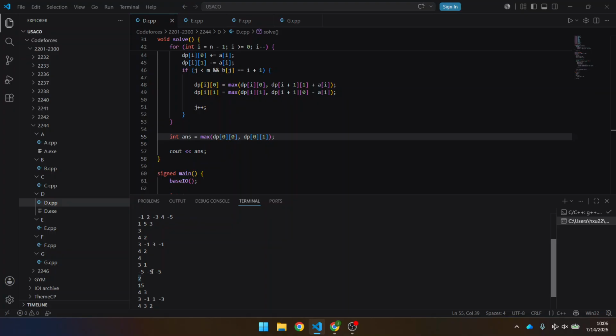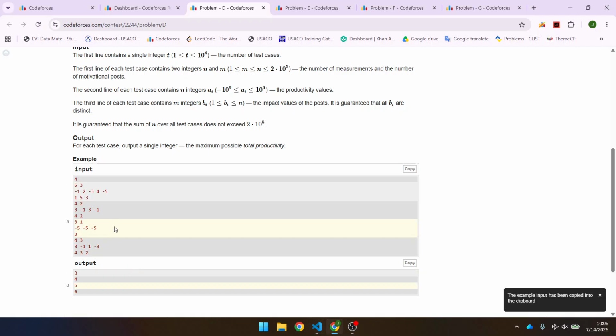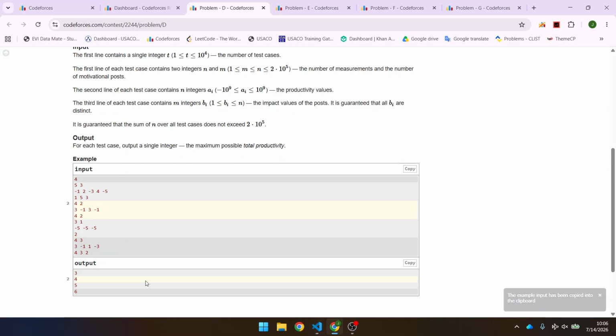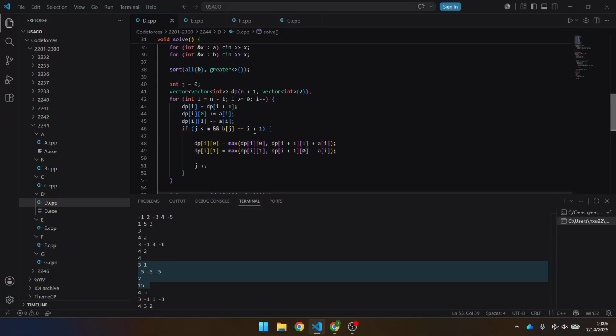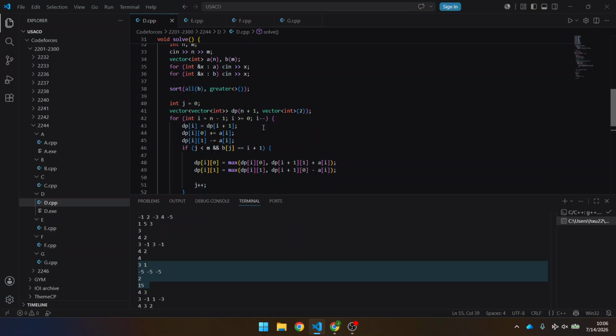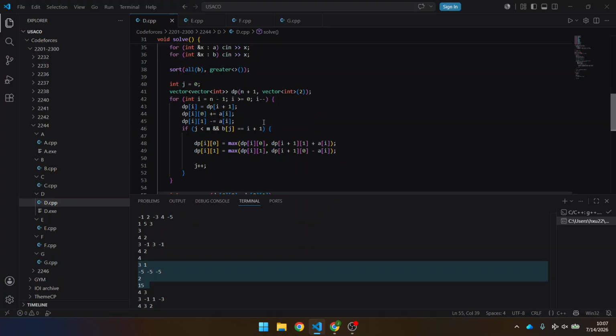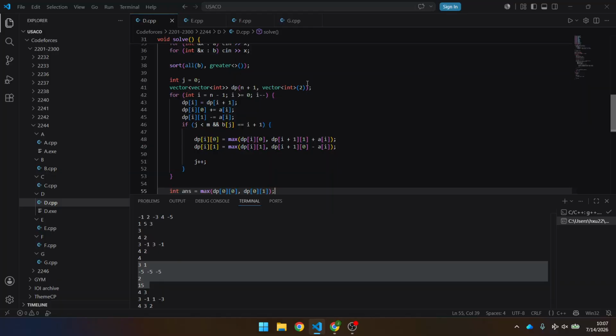Let's see over here. We got 15. So we flip it from index 2. And it should be negative 5, right?